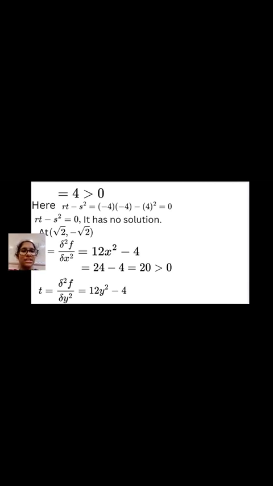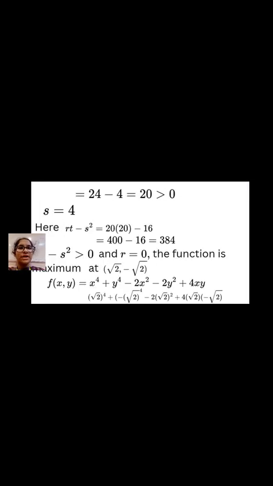We put y = minus root 2 and squared, and the root cancels. We get 24 - 4 = 20, greater than 0. s = 4. Here rt - s^2 = 20 × 20 - 16, that is 400 - 16. We get 384.